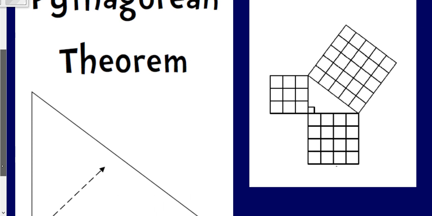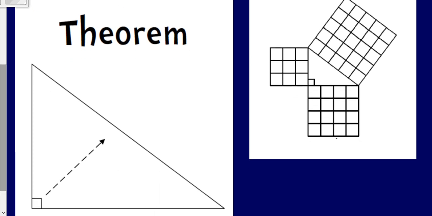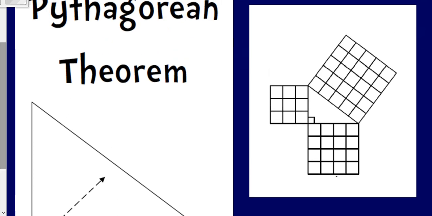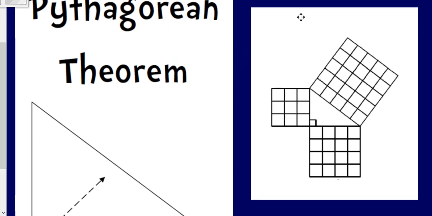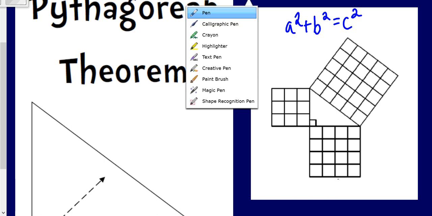Okay, so let's start by reviewing our Pythagorean theorem. Let's start at the very basics of where we began, when we learned that a squared plus b squared equals c squared, and why that works.